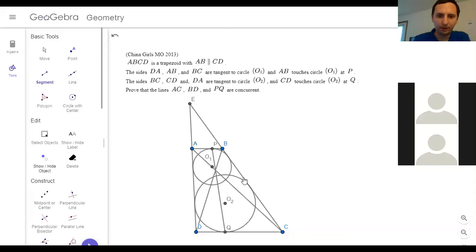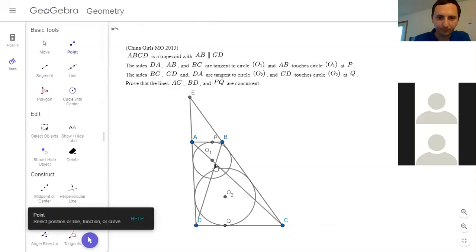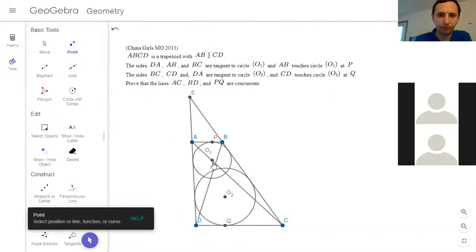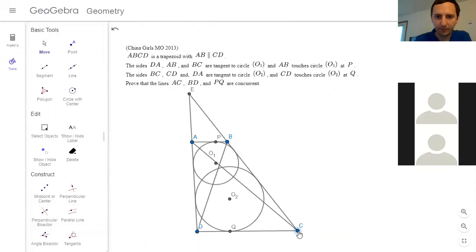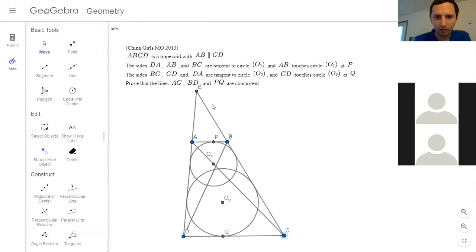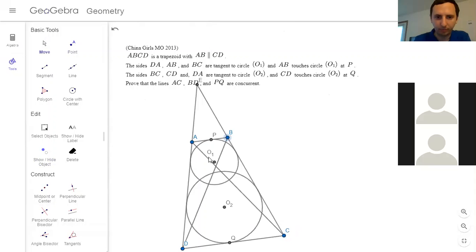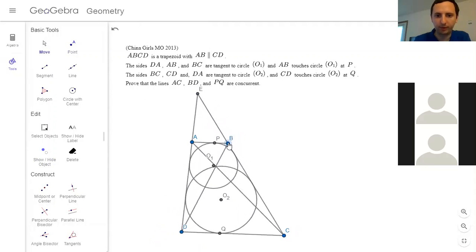So I'm going to let AC intersect BD at X. And then P and Q are corresponding points in those two similar triangles. I don't want to make it look like O1 lies on that diagonal. So I'm just playing around with things a little bit. Just bear with me for a second.